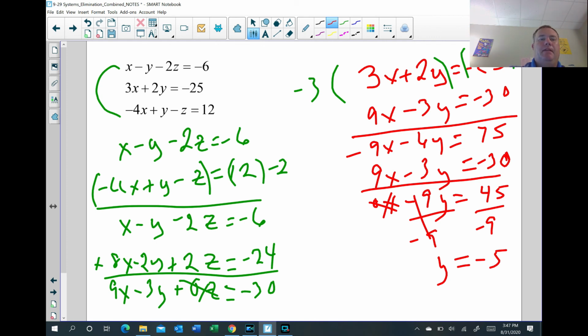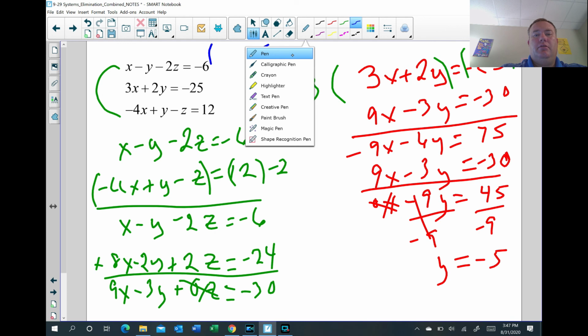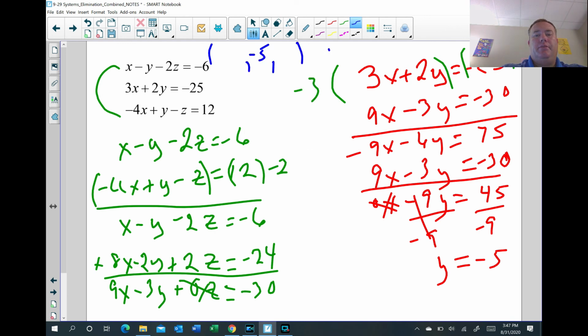Okay. So at this point, I know what y is. It's negative 5. Alright. And then if I go back, I'm going to plug that into one of the two equations. I'm probably going to plug it into the first one. So I will have 3x plus 2 times negative 5 equals negative 25.